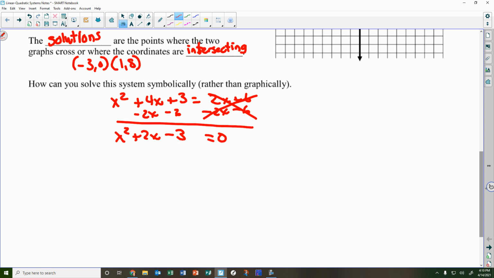And to factor this, to get -3, that's -1 times 3 and 1 times -3. Well, which one of those adds up to 2? The first one, right? So you're going to factor that into x minus 1, sorry, and x plus 3. That is what this trinomial factors into. So again, when I have those, I can set those equal to 0: x plus 3 equals 0, and x minus 1 equals 0.